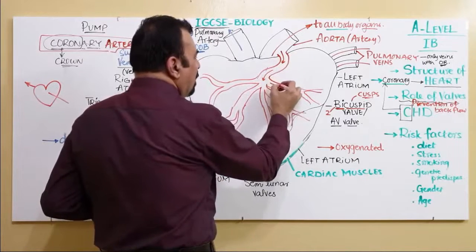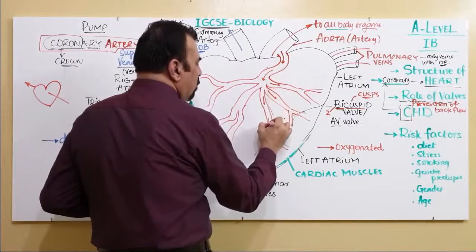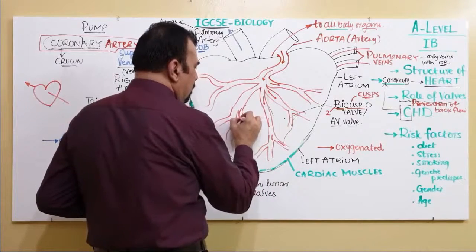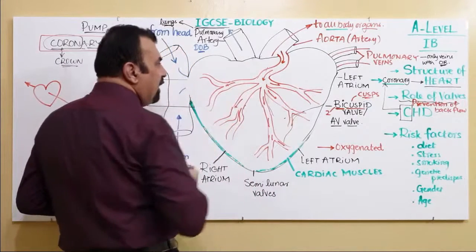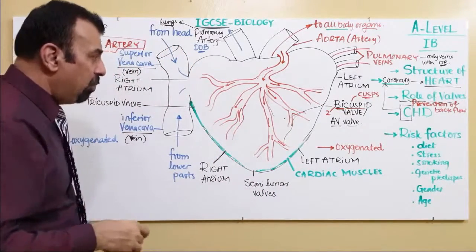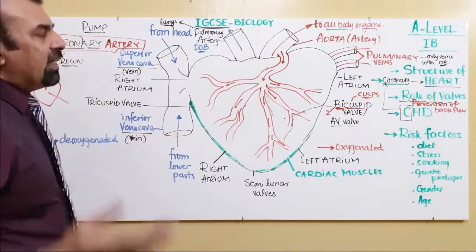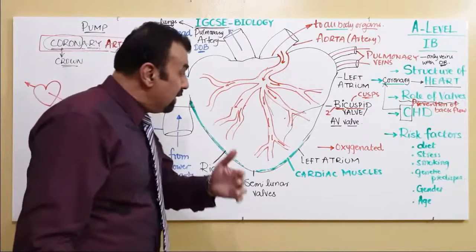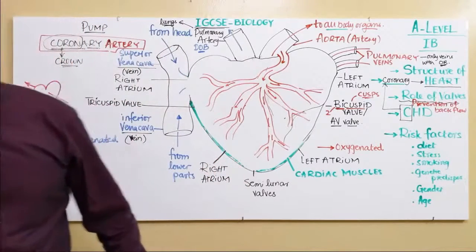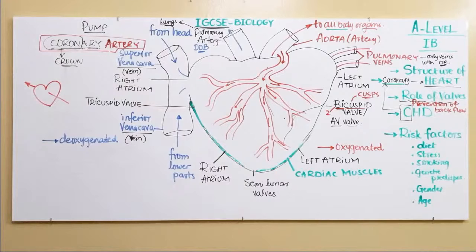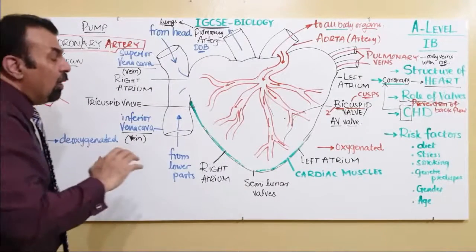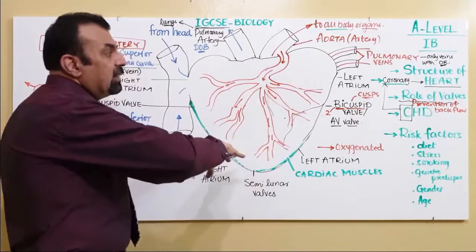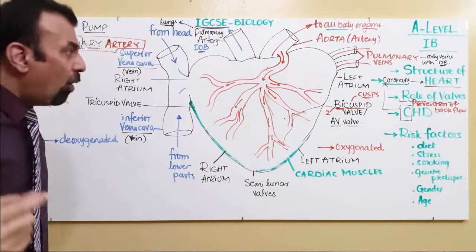This blood is supplying oxygen and glucose to the heart itself, which definitely needs a continuous supply, because we have already said that heart muscles are constantly working, they never tire, and they need a constant supply of glucose and oxygen. So we have learned that the coronary artery is extremely important.